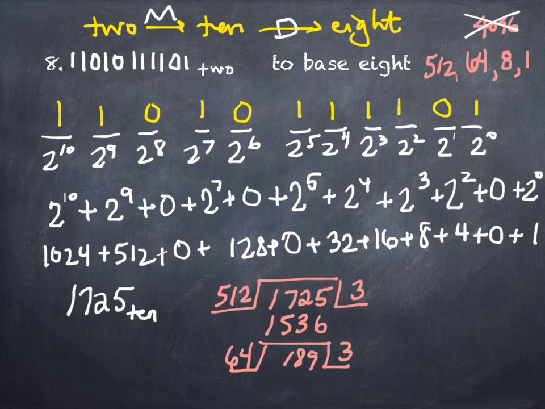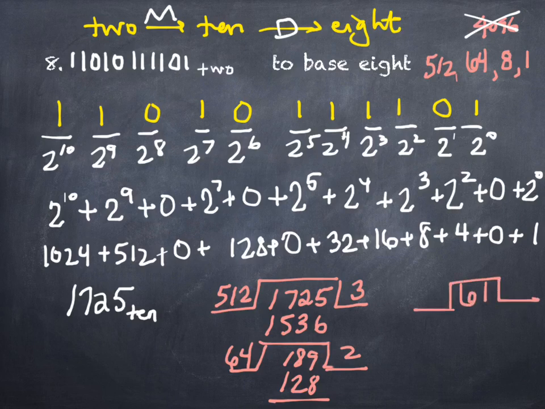Oh, I'm sorry. It would only go in twice, I guess. Let me pause on that for a second and fix that. All right, that's better. It goes in twice. 64 times 2 is 128. All right, so 189 minus 128 gives me a 61 result.